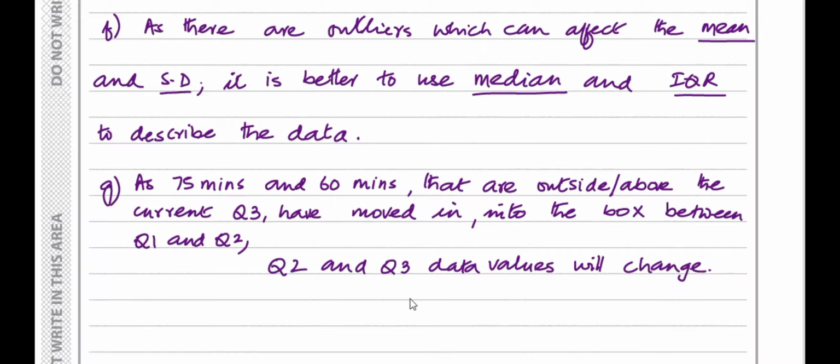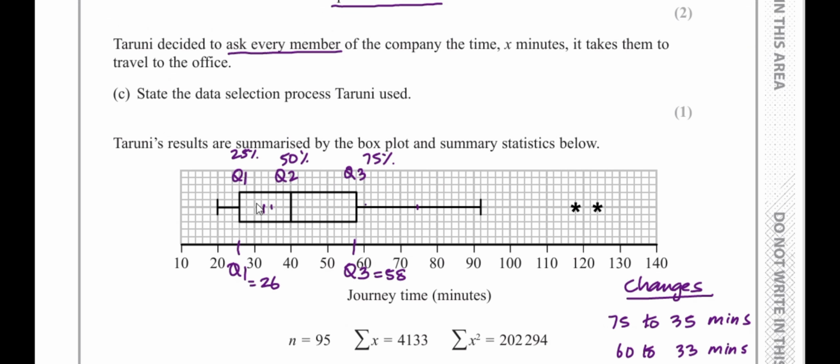Well, that's not enough. We should also say whether they will decrease or increase. To understand this, just look at what has happened here. More values have come in inside this region between Q1 and Q2 because Q2 represents 50% of the values and Q3 represents 75% of the values. The number of values having increased inside would mean Q2 will move to the left a bit and Q3 will also move to the left a bit.